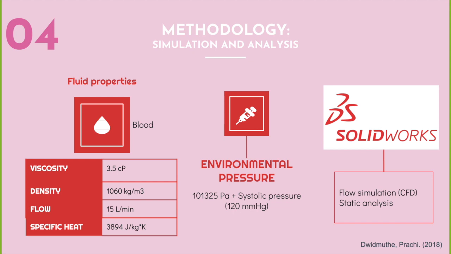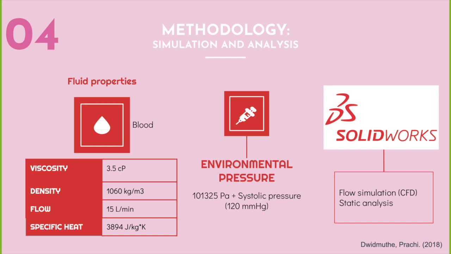Next. And how we're going to create this, we're going to use the SolidWorks Flow Simulation, computational fluid dynamics software, and we're going to use static analysis, with the different parameters that we found in different literature reviews.